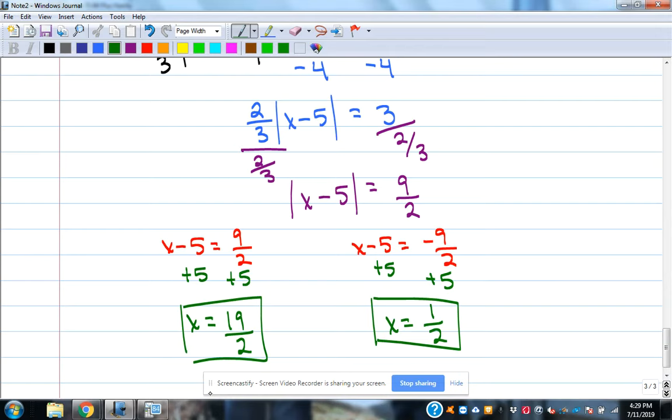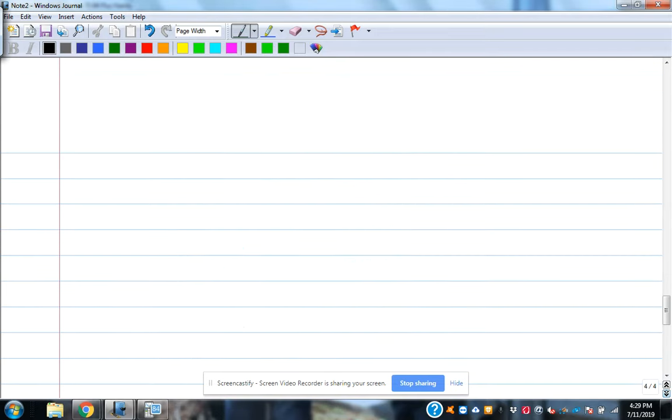There's a couple of special case things that can happen with absolute value equations that we'll talk about. It goes back to that original idea that absolute value is a distance away from 0, and distance is never negative. Okay, direction can be negative, but distance is never negative.